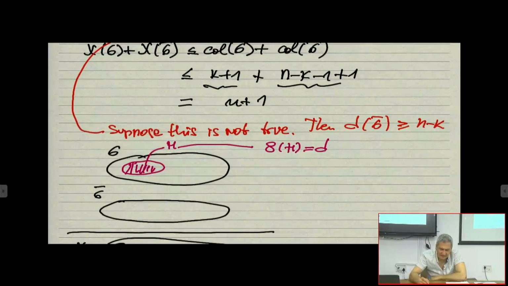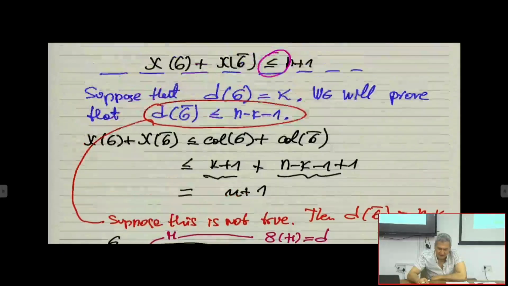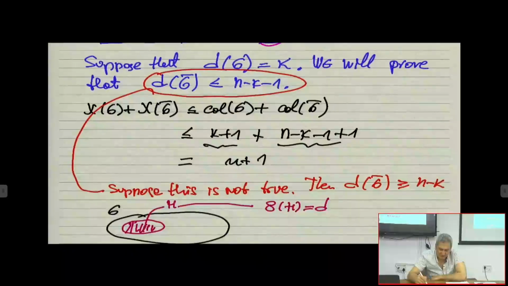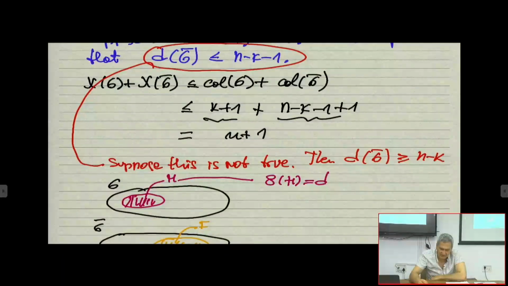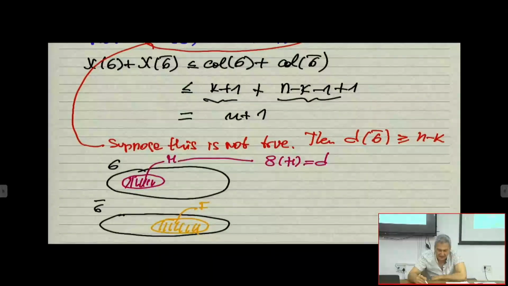And similarly, we have here a subgraph F, let's call it F, of what degree? n minus k, because we assume this is not true, then because of this, because we have the degeneracy of G complement at least n minus k, here is F of minimum degree n minus k.